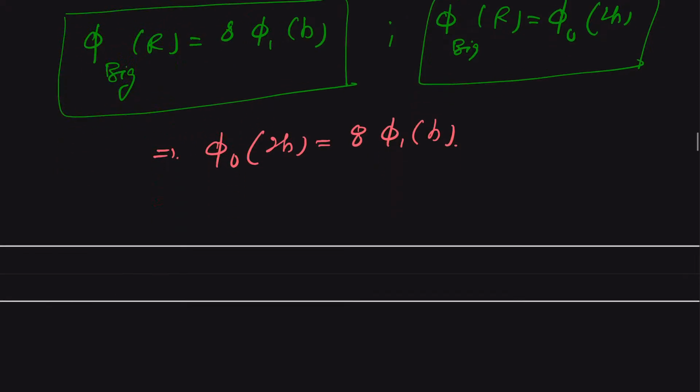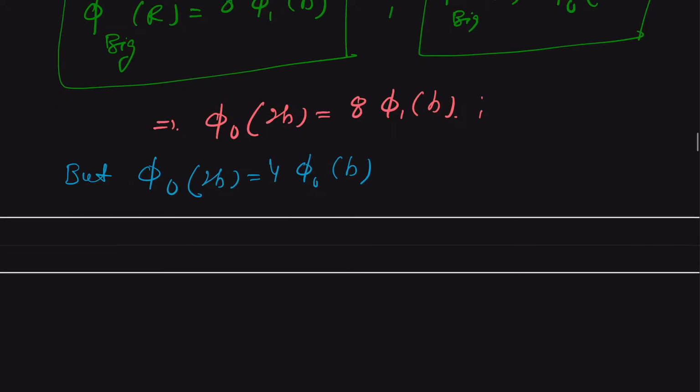And we also know that phi naught 2b is equal to 4 times phi naught b.